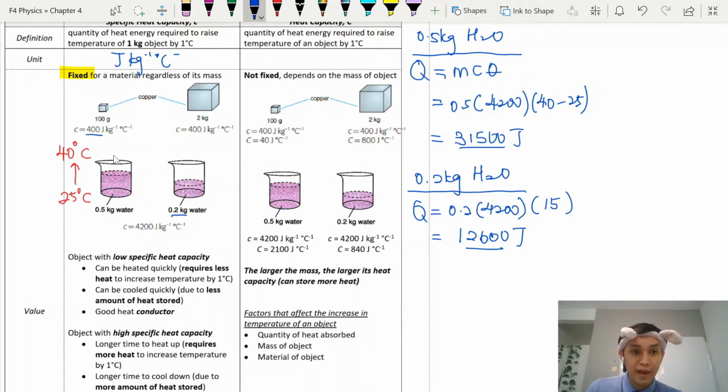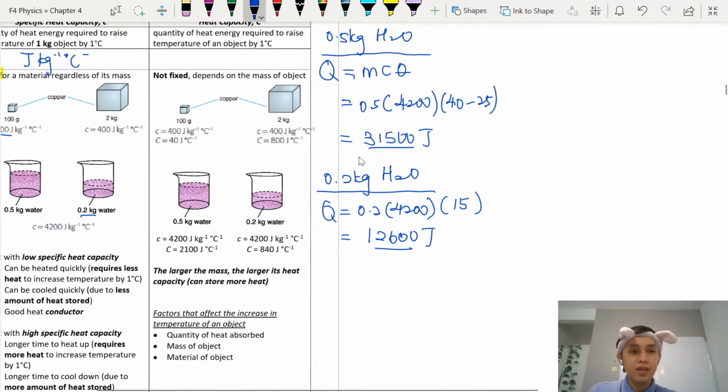If you have more mass, I need to absorb more heat energy, meaning it's slower. So 0.2 kg of water will heat up faster than 0.5 kg of water, and we are able to accurately calculate how much we need by using the specific heat capacity.